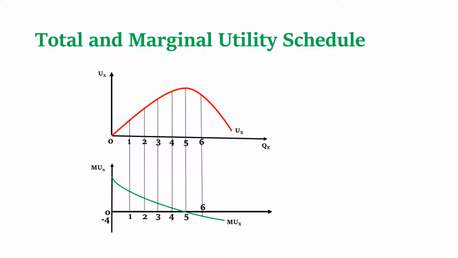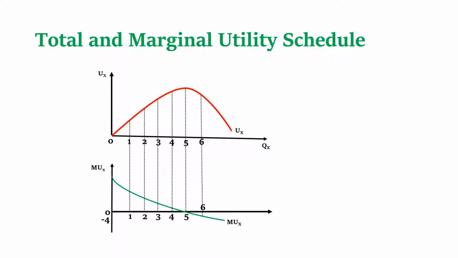So as total utility increases, we notice that marginal utility continues to decline as the consumer consumes more units of hamburger. The satisfaction that it derives from the consumption of an additional unit declines as it gets more hamburger.